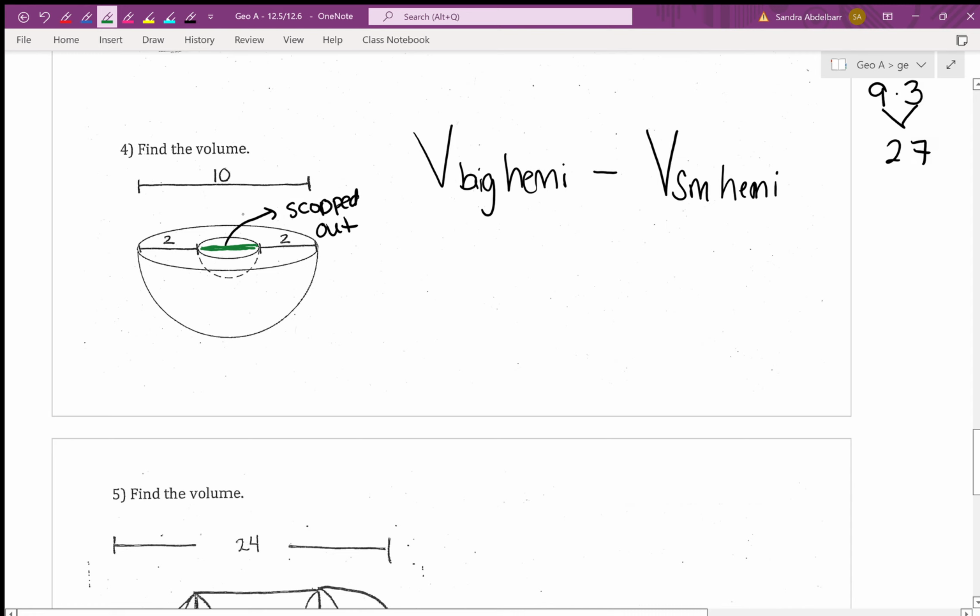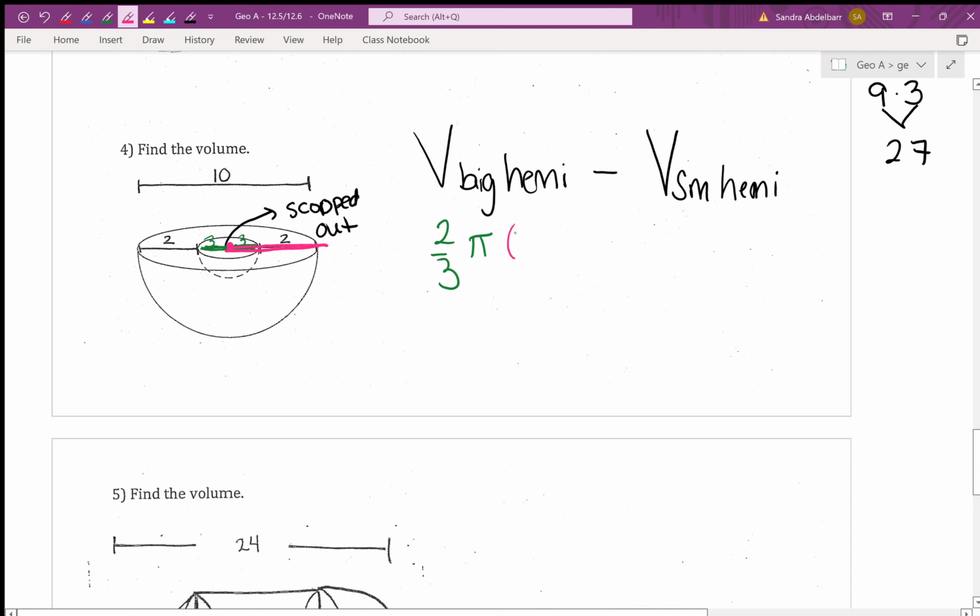Good. 10 minus 4, which gives us 6, which means the radius is 3 for the small hemisphere. So the volume of the big hemisphere is 2/3 pi. And now what's the radius of the big hemisphere? 5. Very good.